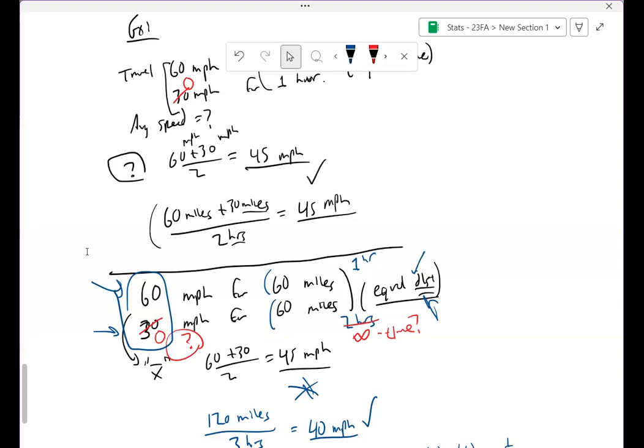But I get a number out that is not really helpful, right? The idea of the average speed that I traveled is, if one car was driving a variable speed and another was driving a constant speed, what speed would the constant speed car have to drive so that they both get to the destination at the same time?